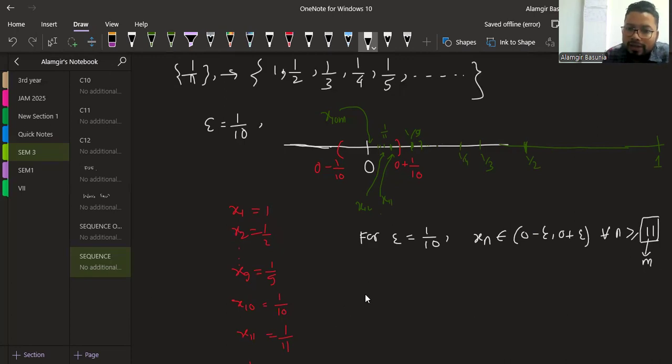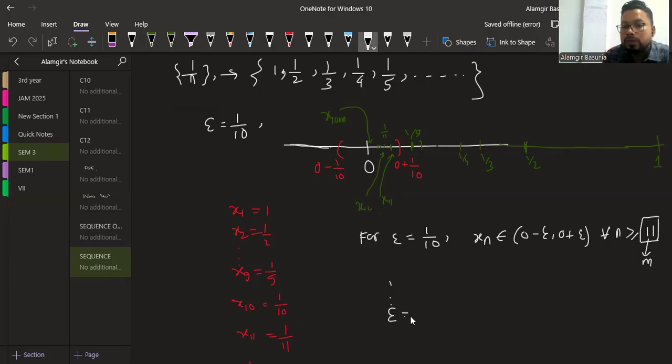If you give me epsilon as 1 by 11, then our m will be 12. If you give 1 by 12, then our m will be 13. And if you give me any epsilon, it may not be of the type 1 by something. You may give me root 2, 1 by root 2, any real number. If you give a bigger value, then automatically it will be inside, which is the easy case.